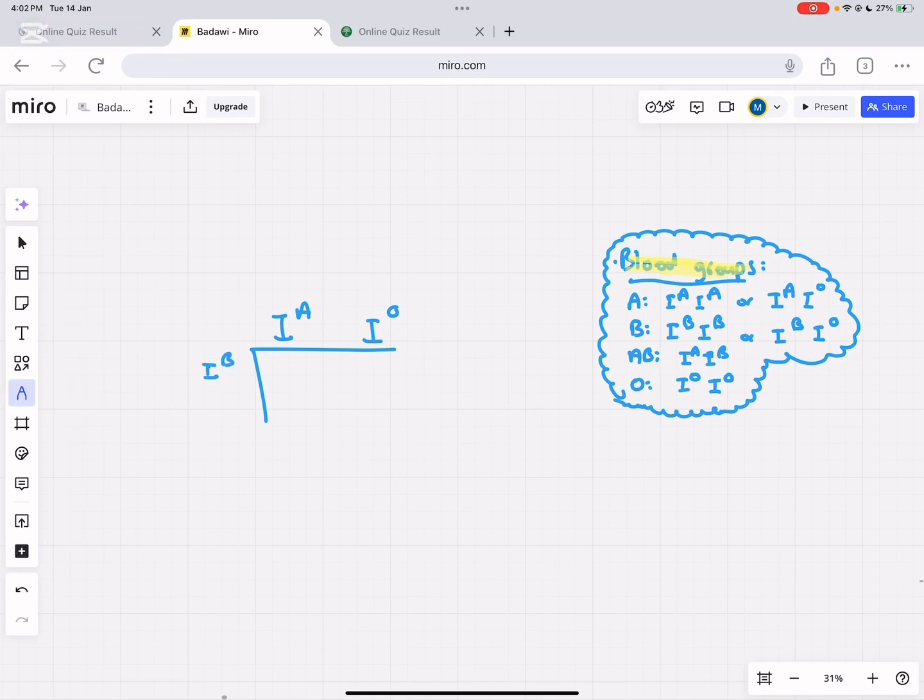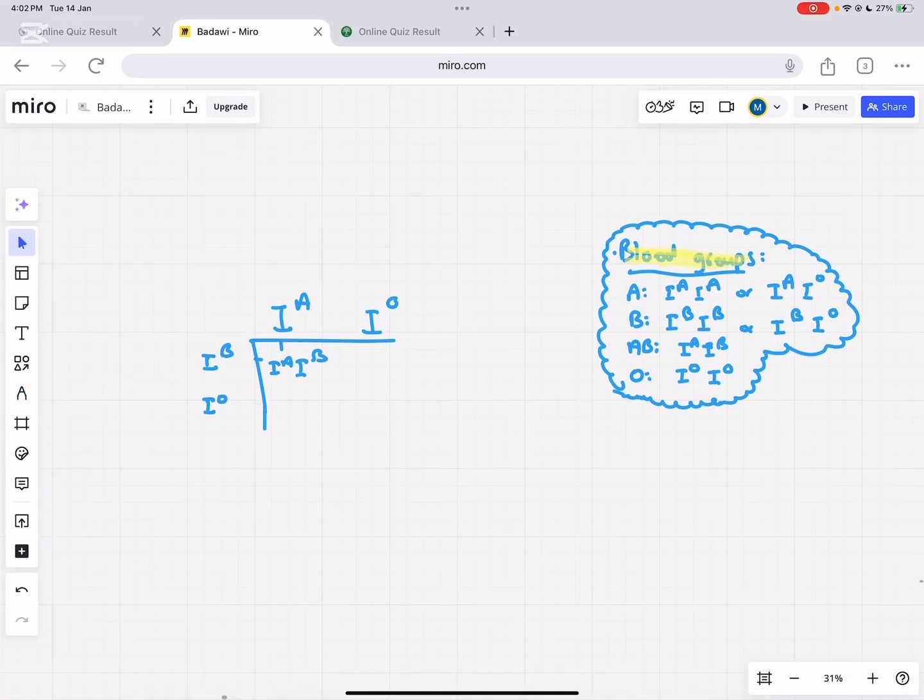So IA and IB, so it will be IA IB. This is going to be AB blood group. IB IO will be B blood group. Then I have IA IO and then IO IO. So these four are my genotypes.